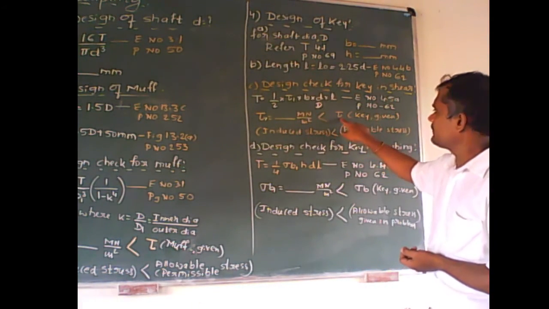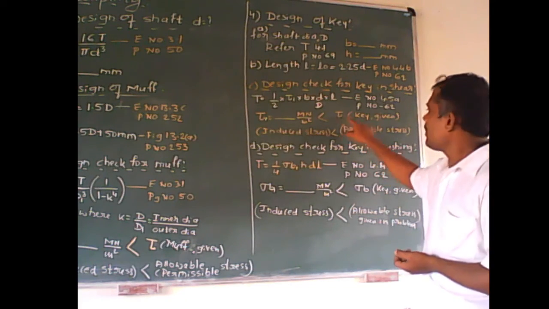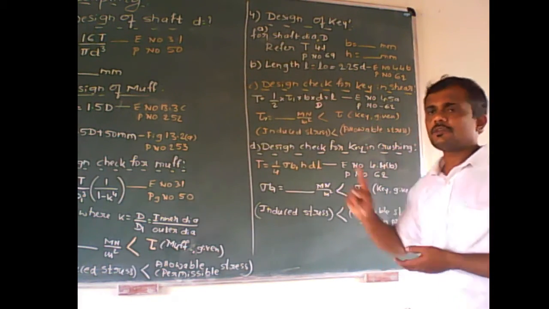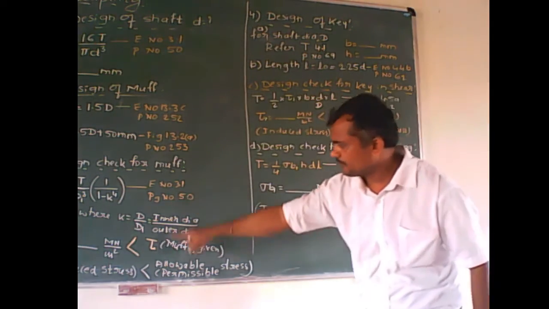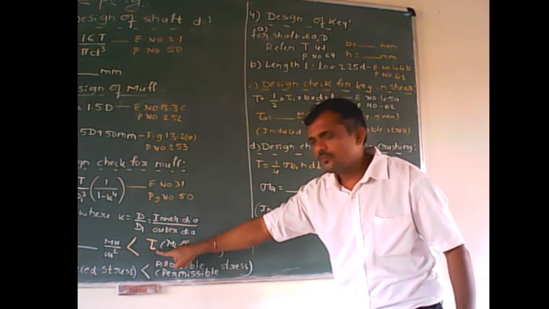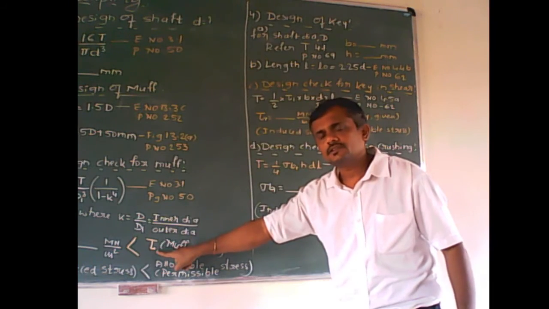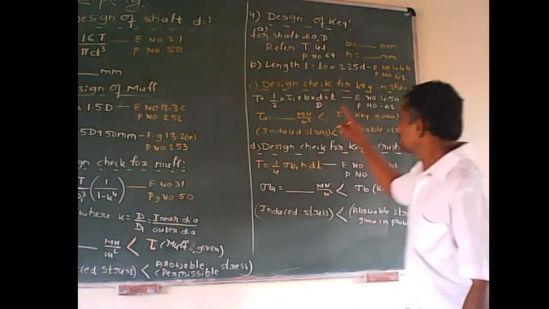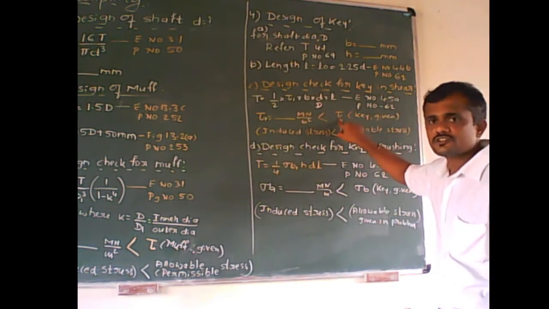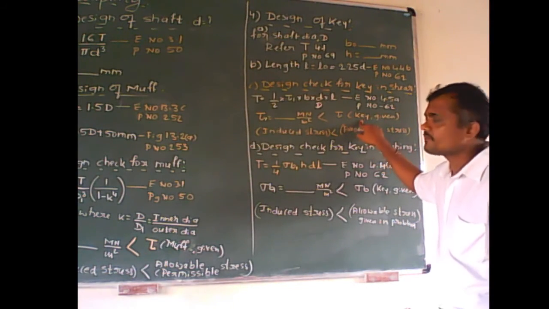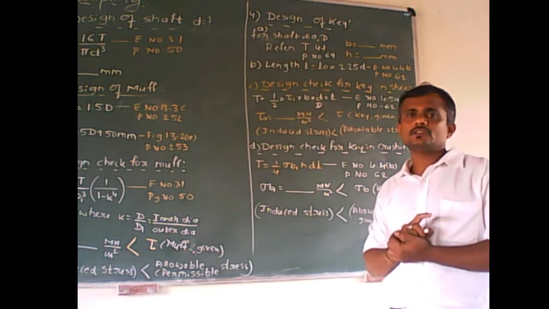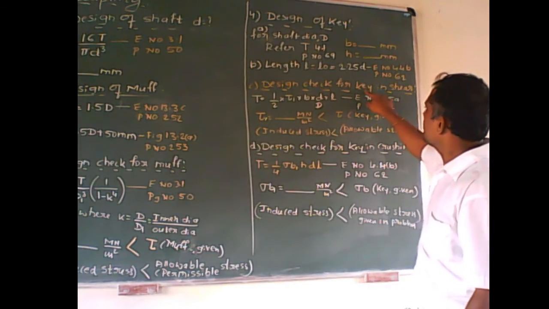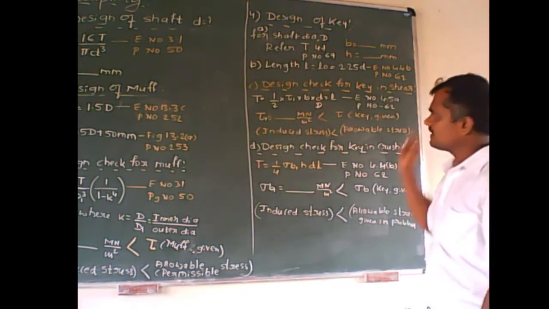It should be compared with the tau value of the key material. It will again be given in the problem. That's why I told you there is a similar procedure here. Here also the tau value, or shear stress value, for the key material will be given, and this should be greater than this calculated value. Then only we can say that this key is safe in shear.